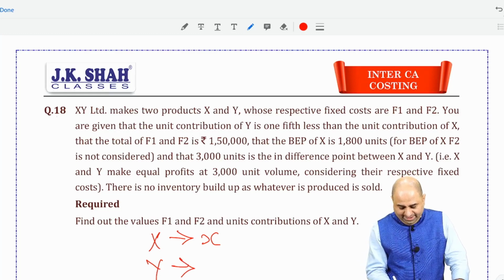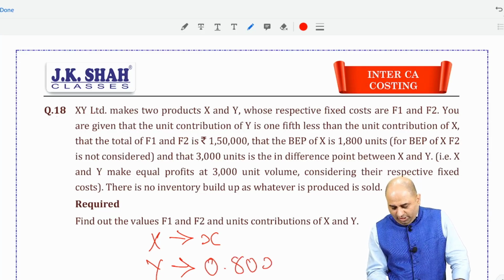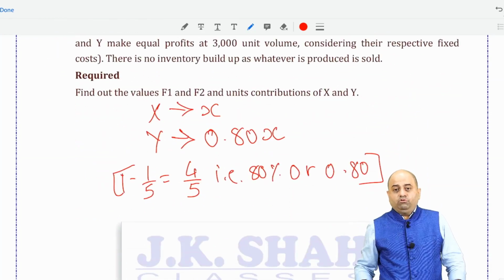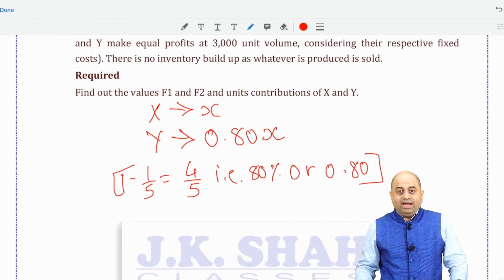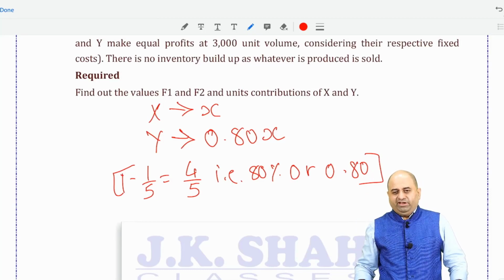So 1 minus 1 by 5, which is nothing else but 4 by 5, that is 80%, or 0.80. This will be 0.80x. I've written how you get that 0.80 as well.